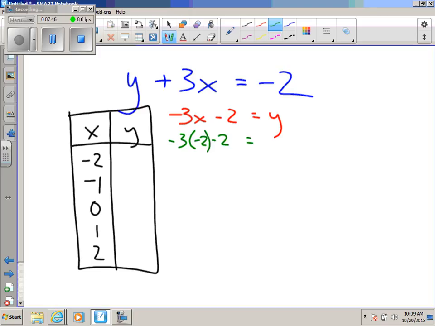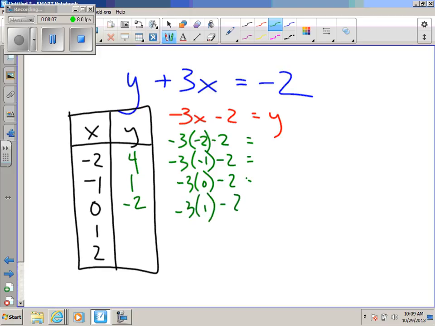Negative 3 times negative 2 is a positive 6 minus 2, 4. Good. Negative 3, negative 1 minus 2. 3 minus 2, 1. Negative 3 times 0 minus 2 equals negative 2. Negative 3 times positive 1 minus 2. So that's a negative 3 minus 2.